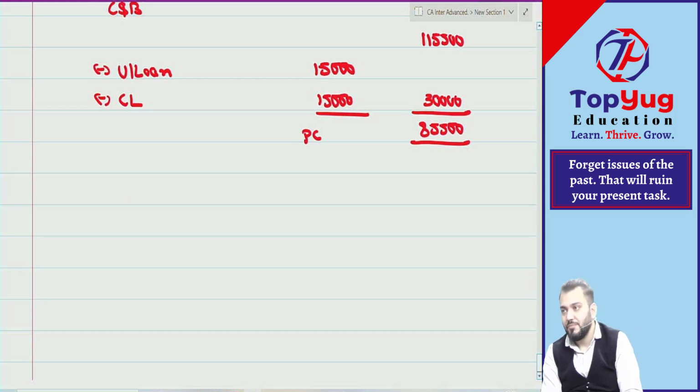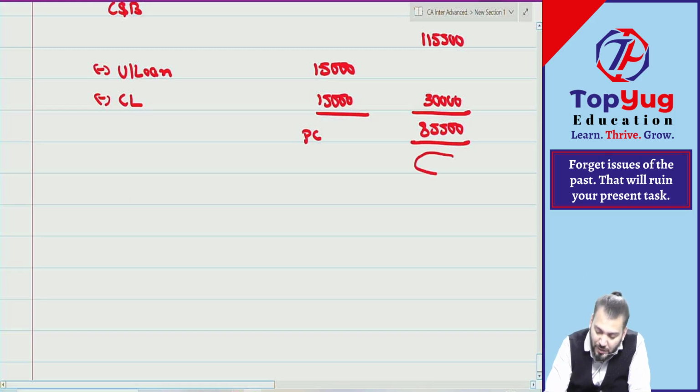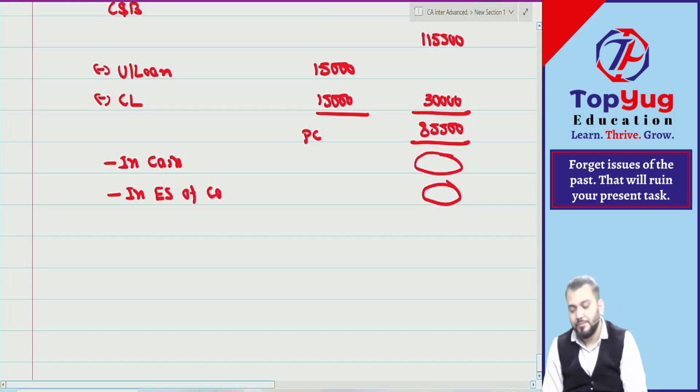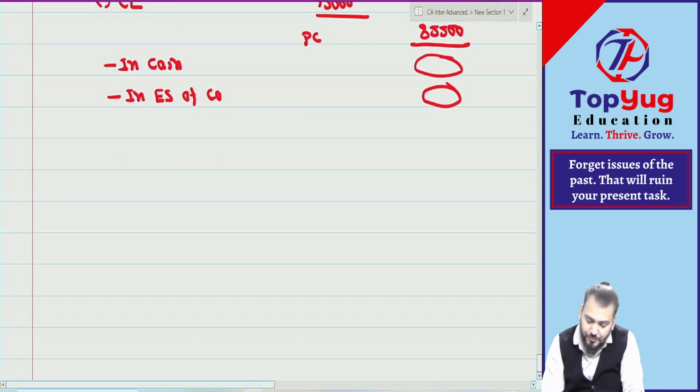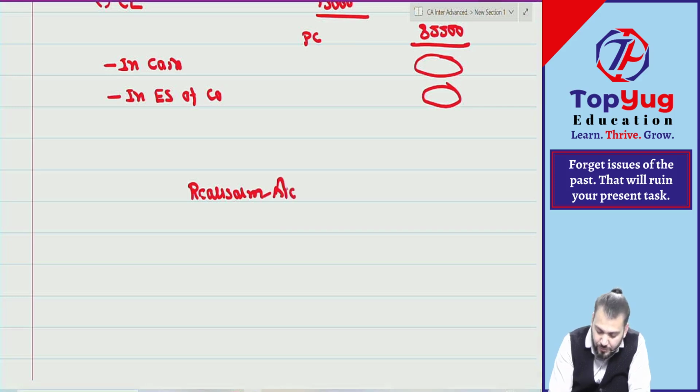That we don't know, so we need to find out how much is paid in cash and how much in equity shares of the company. Now let us prepare which account? A realization account.